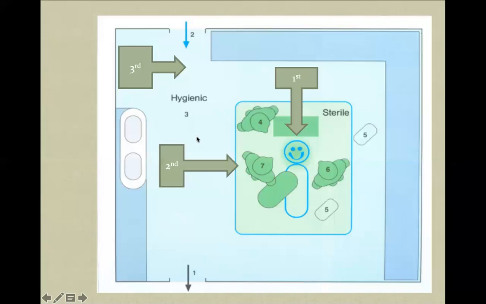And here is the hygienic zone, where we have the circulating nurse. For dental implants this is very relevant, because if you're doing any ordinary surgical procedure, you can predict that you need a 15 blade as something additional for making the incision, and 3-0 silk for suturing. That's it. So you can prepare that before the procedure, and even with tooth extraction you can choose the extraction forceps before the procedure, so you don't need any circulating nurse.